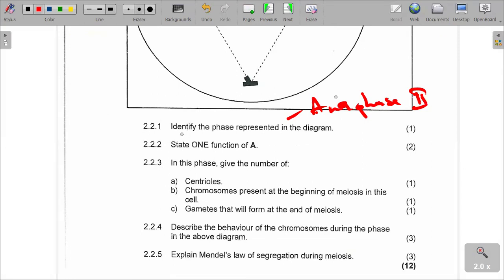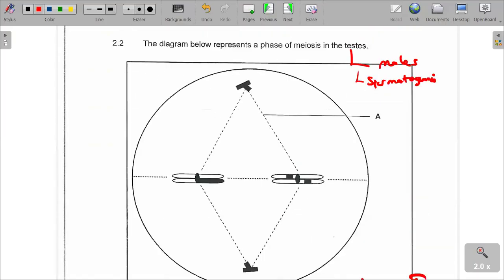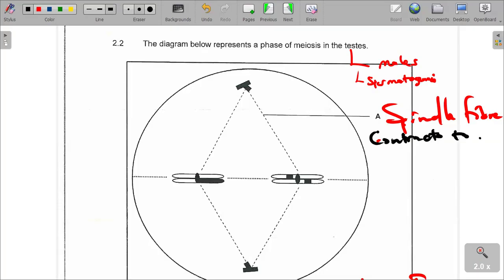State one function of A, the spindle fibers. The spindle fiber contracts to pull chromatids apart and also controls the position of chromosomes during the cell cycle.